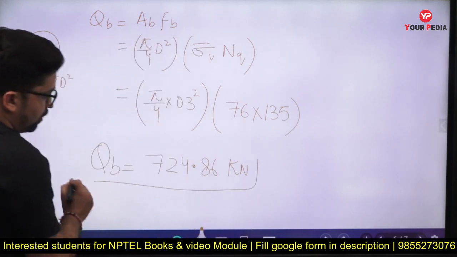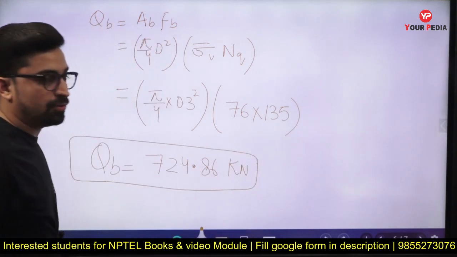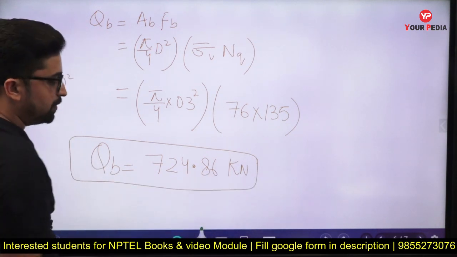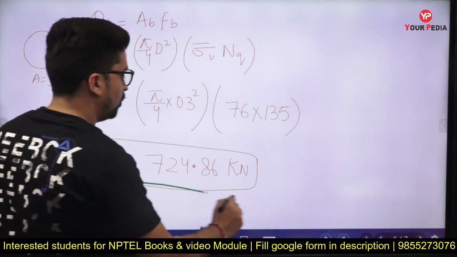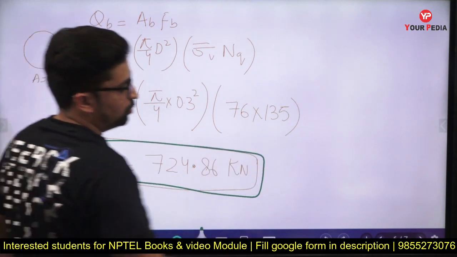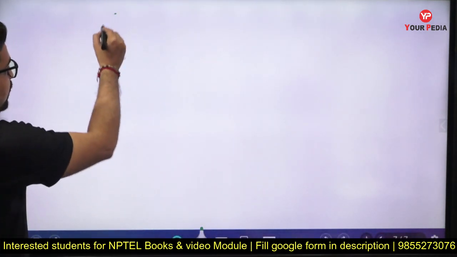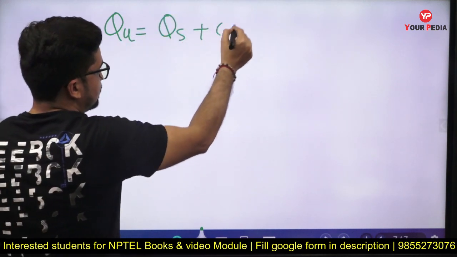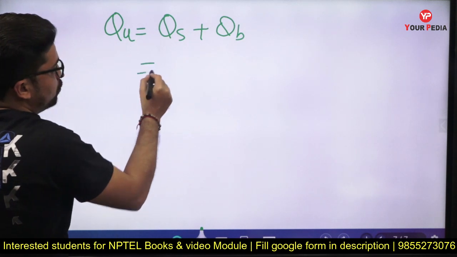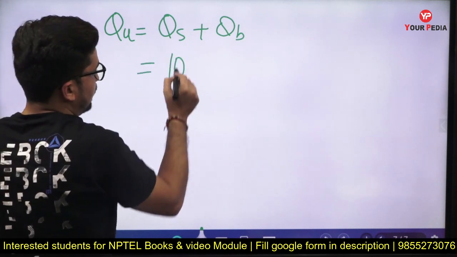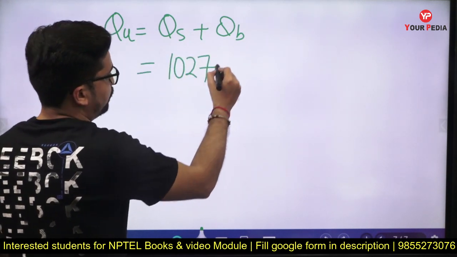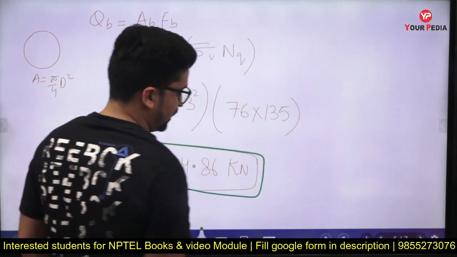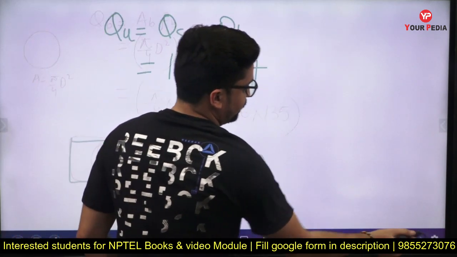kilonewton. So now you have already calculated the QS value, and now you have also calculated the QB value, right? So all you need to do is, we know that ultimate load carrying capacity of pile is summation of QS plus QB, and we have already calculated that QS is 1027.31 and QB we have just calculated as 724.86.